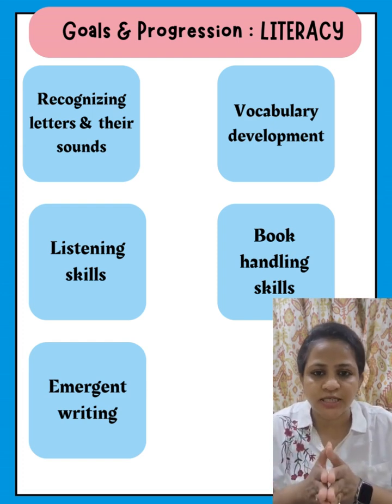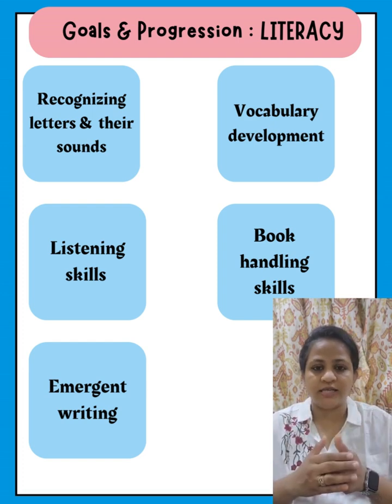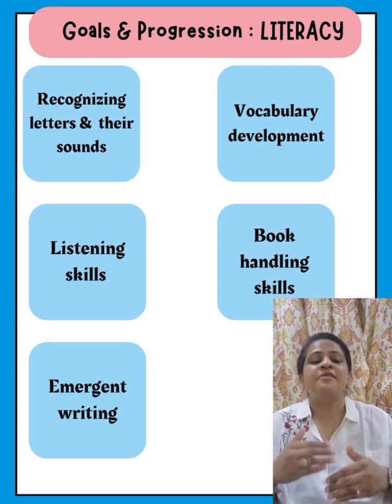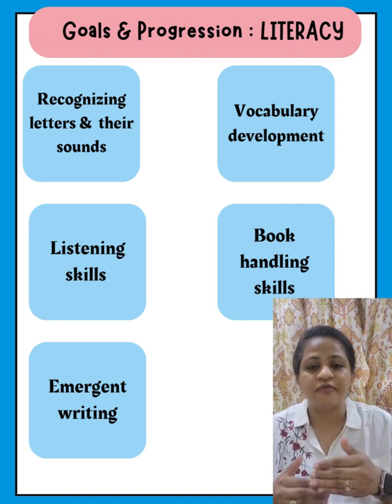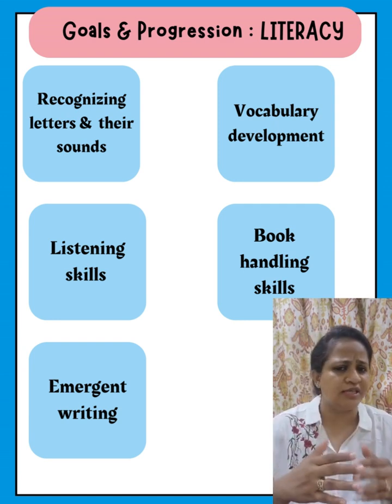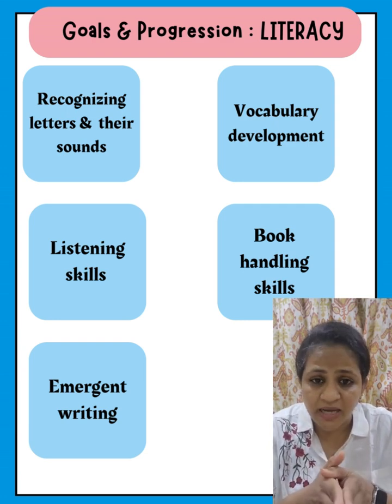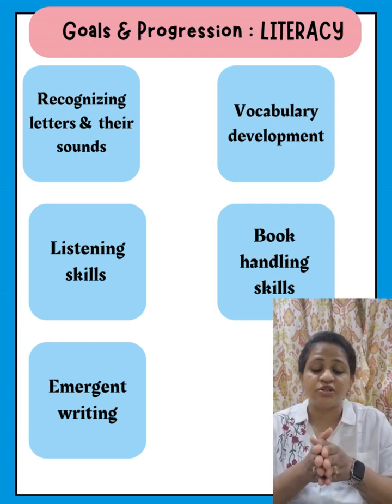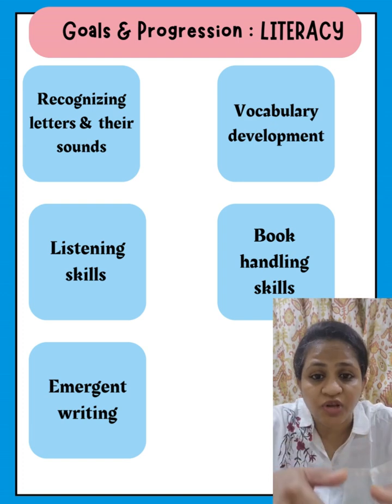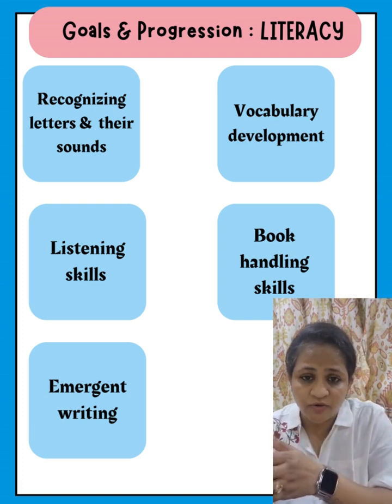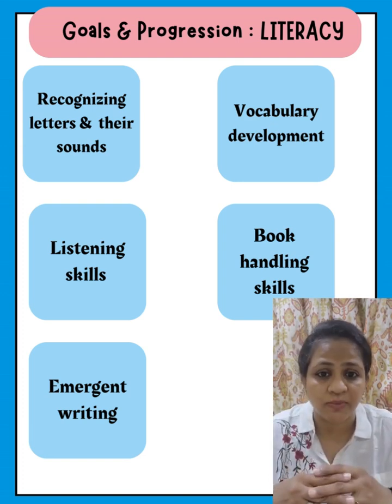Of course, it's literacy, so we have recognition of letters, writing, reading, everything. But for Play School, what are the goals we want the child to reach by the time they complete this annual plan?